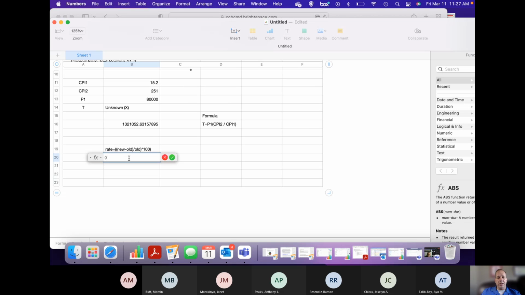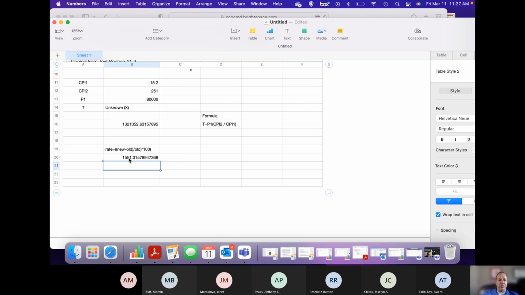My new CPI is 251. My old was 15.2. And now I divide by that old figure again, 15.2. And then just to move the decimal over, I will multiply by 100. That just moves the decimal over.